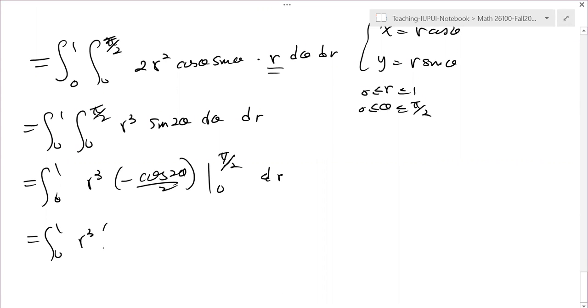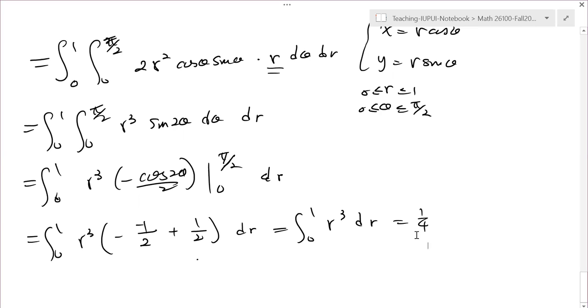What do you get here? You get negative 1 over 2, negative, right? Minus is a plus. Okay, so the answer is 1. So you just need to evaluate r cubed, and then this will be a quarter. Okay, you get the same answer, just a different way to evaluate.